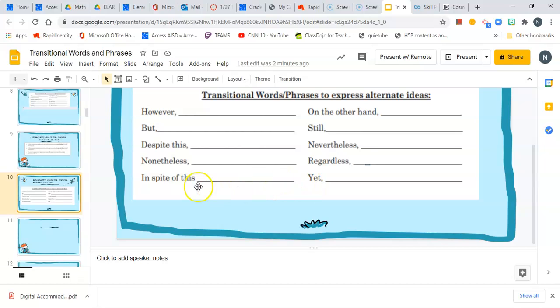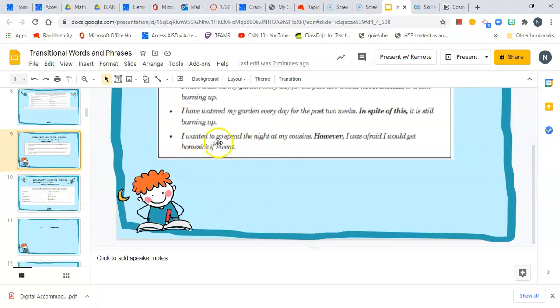So you want to go ahead and use some of these examples to write your own 2 examples. And remember, you can say something that you've been doing and then something that turned out differently than what you expected. Or you can say something that you want to do or somewhere where you want to go, but then an alternate idea that maybe you'll get in trouble so you don't do it.